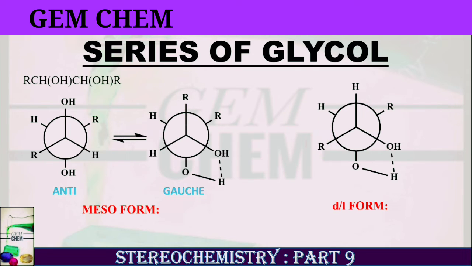When R is methyl or n-amyl, both meso and DL forms exist to a considerable extent in the conformation in which the hydroxyl groups are gauche to each other, even though in the meso form this requires the alkyl groups to be gauche also.